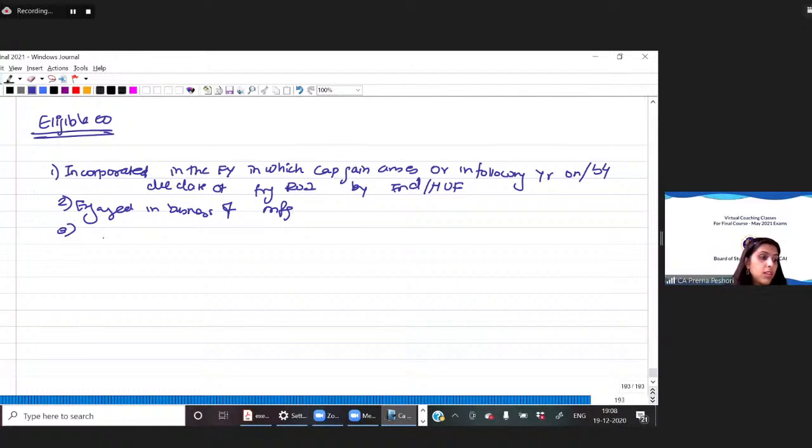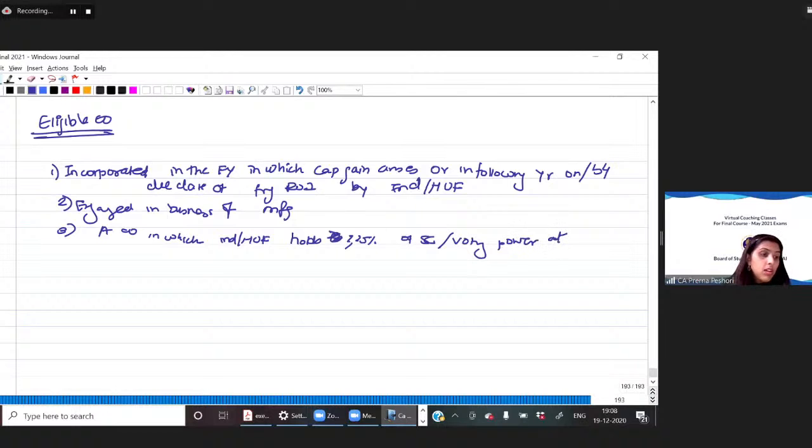Third, a company in which individual or HUF should hold greater than or equal to 25% of share capital or voting power after subscription in shares. Clear? Is it clear?